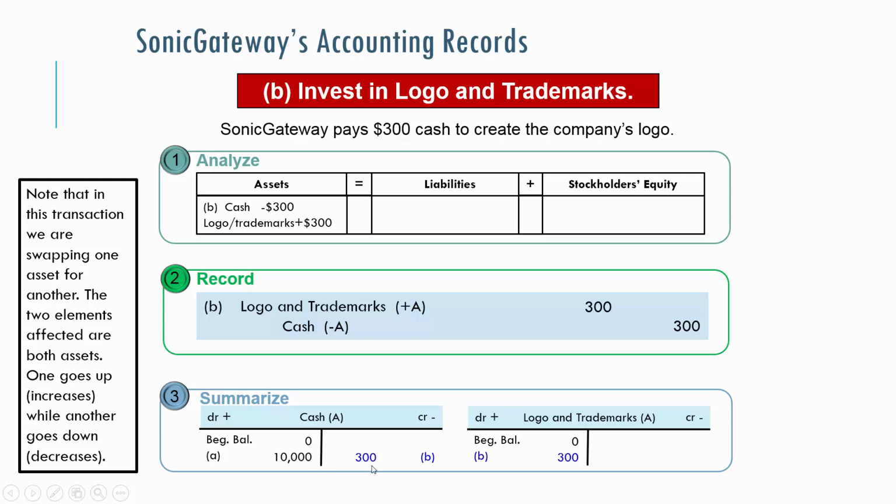We are now giving up 300 of the 10,000 that came in from the selling of our stock. So now our balance would be what? 9,700. Our logo started with no balance. We had no logos before, and our balance in there is 300.